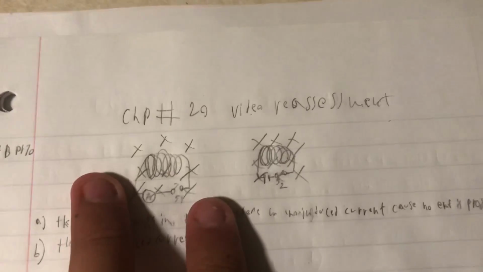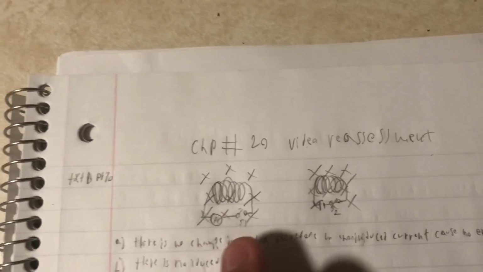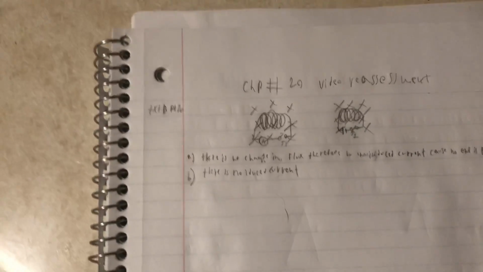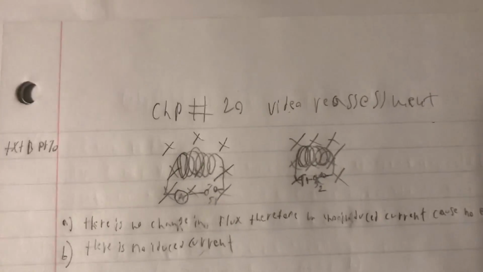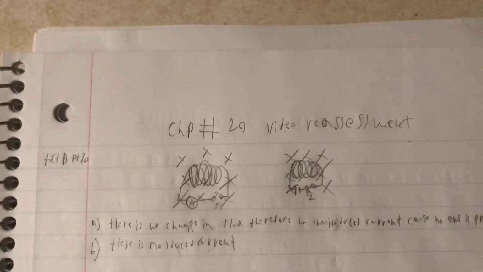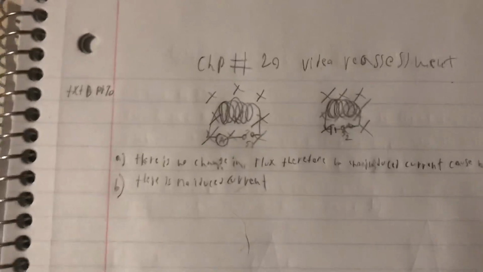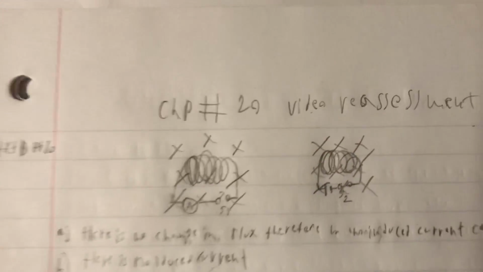If I were to change that to just 1 millimeter, as the coil was coming out of the page but the magnetic field was still going into the page, it would create an induced current coming out of the page, because it's trying to resist its change in flux. It wants to keep its magnetic field and everything the way it is right there.